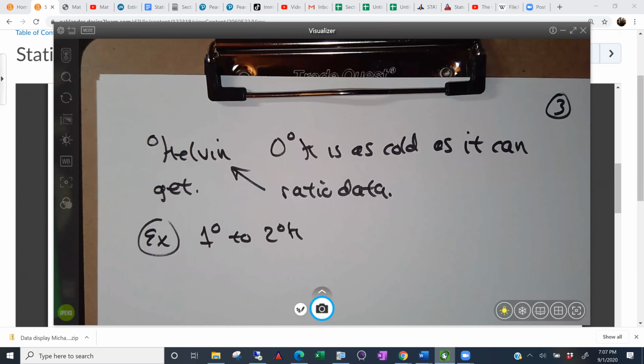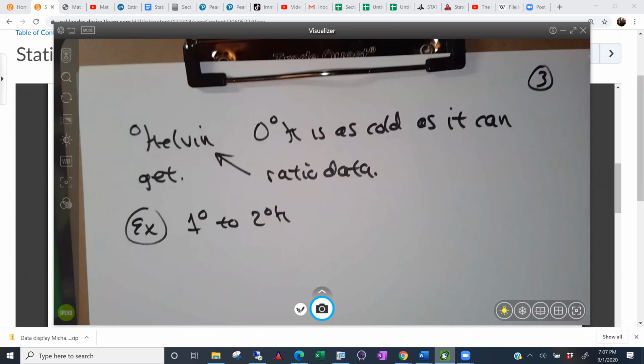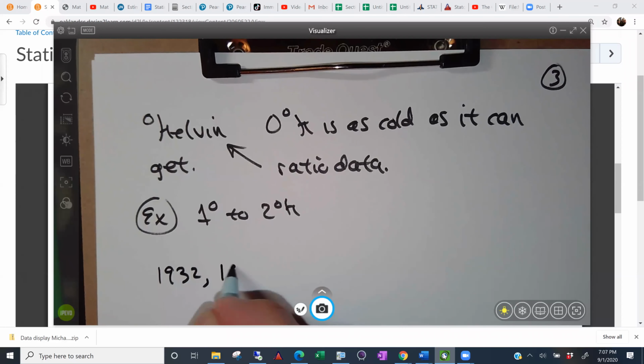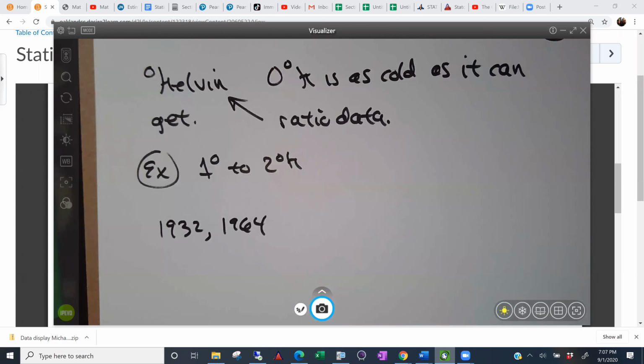But if you're talking about the year that something happened, if something happened in 1932 and something happened in 1964, you can subtract these, but I guess there's not exactly a natural zero here.